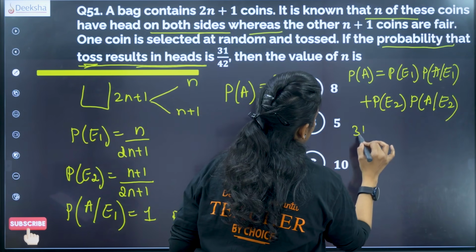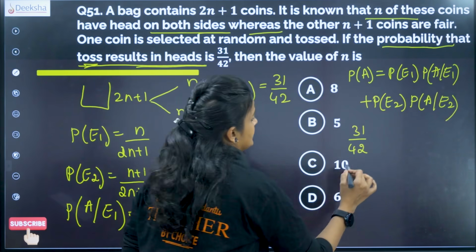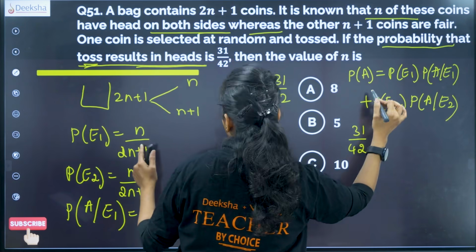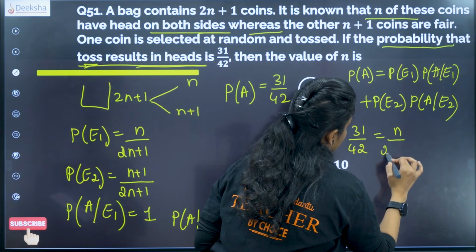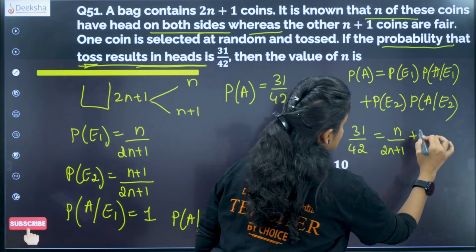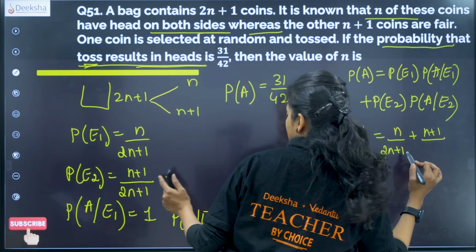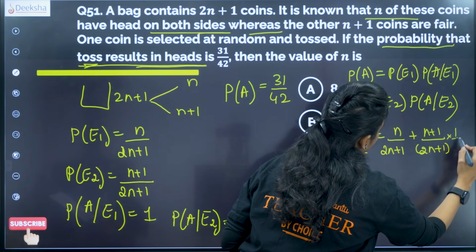Now this value they have given already, 31/42 is given. That is equal to, we have all the values here, I'll fit them in: n plus 1 divided by 2n plus 1, and 1/2.